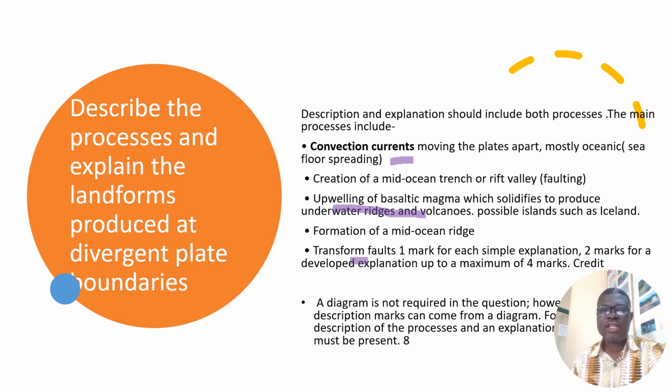Transform faults, and the formation of the rift valleys, check all these. A diagram is needed to support your work. When a question like this is given, please sharpen your pencils, take your erasers, and draw to support.